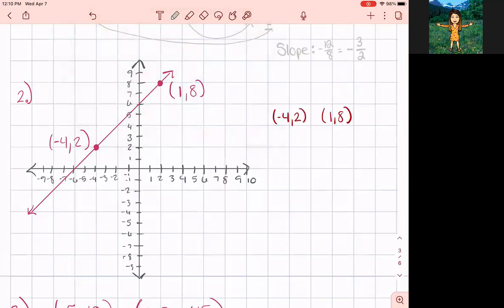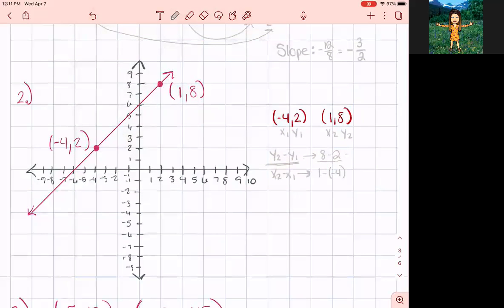So again, step 1, label your x1, y1, and your x2, y2. Then set up y2 minus y1 over x2 minus x1. Substitute. So this is going to be 8 minus 2 over, substitute again, over 1 minus -4.